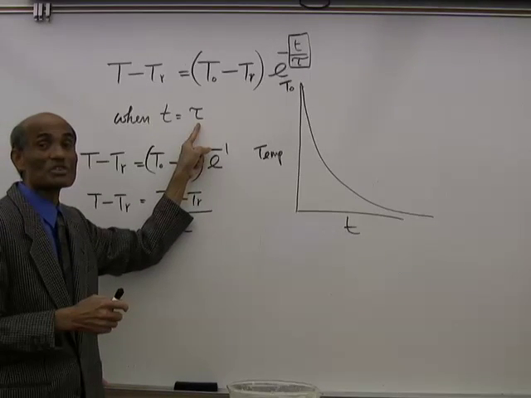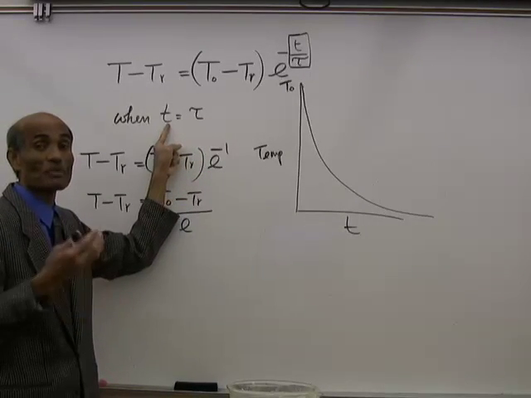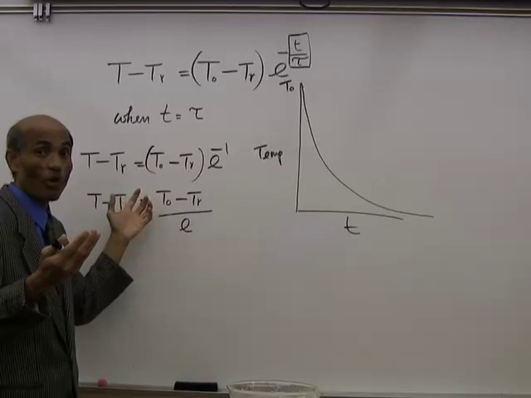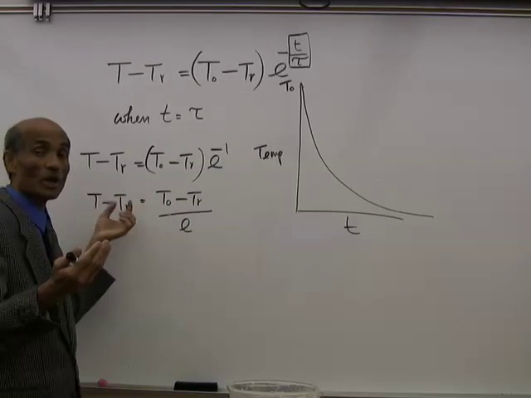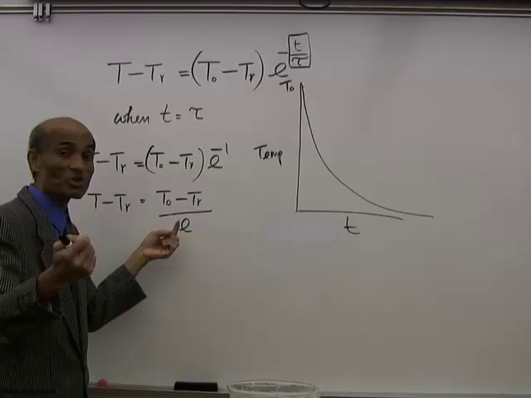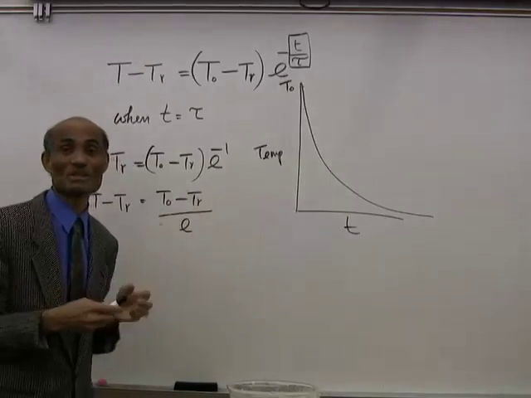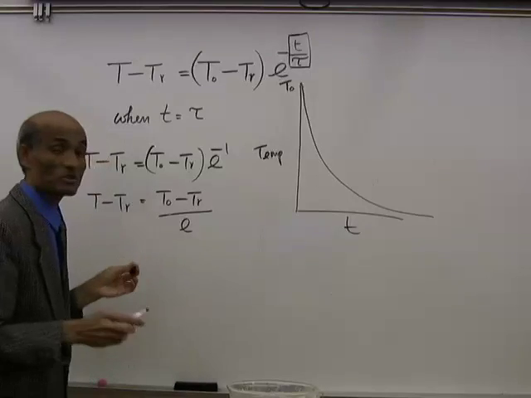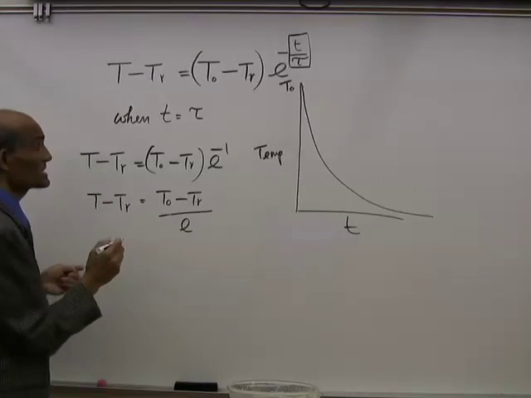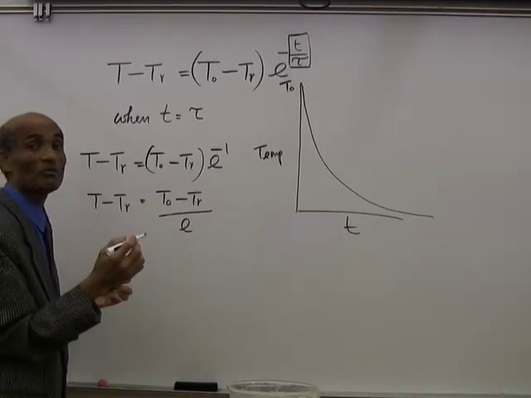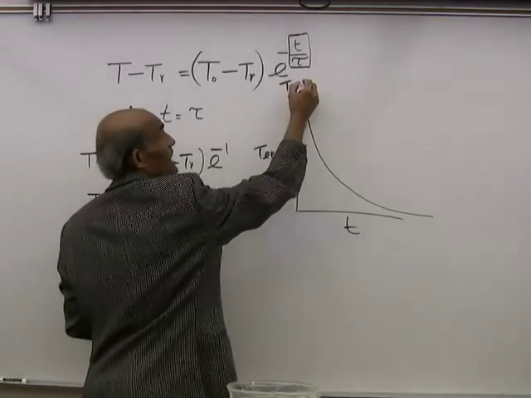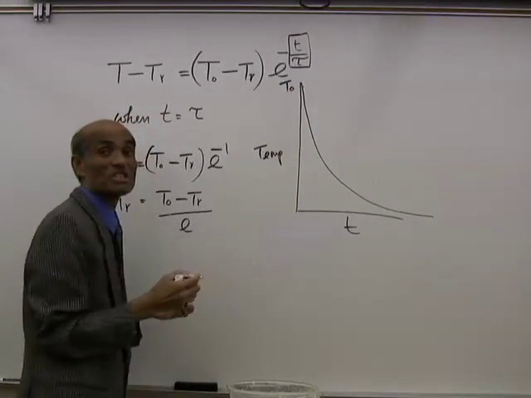So the time constant is a measure of the time taken for the excess temperature to fall by how much? By 1 over e of the original temperature. So, in order to find the time constant tau, all we need to do is start with the original temperature T0.